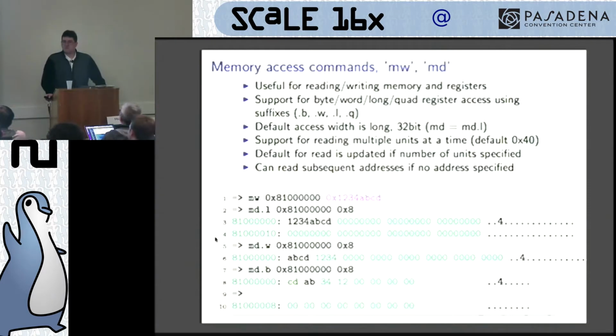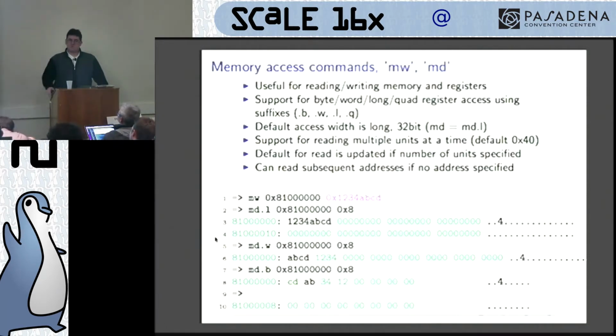By default, the MD, the memory dump, will read 64 words of data, but you can specify how much data you actually want to read out from the memory as an argument to the MD. Another trick is that if you do MD and some address, potentially some amount of data, and then press enter, it will dump that much data.